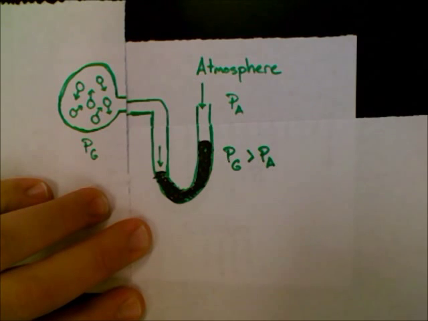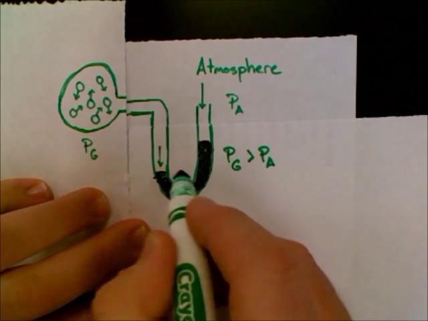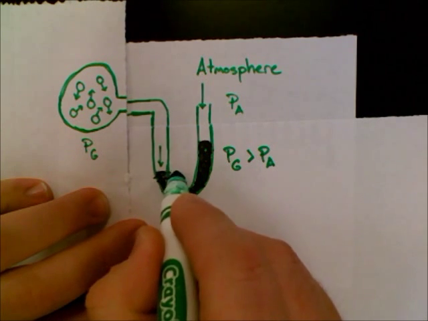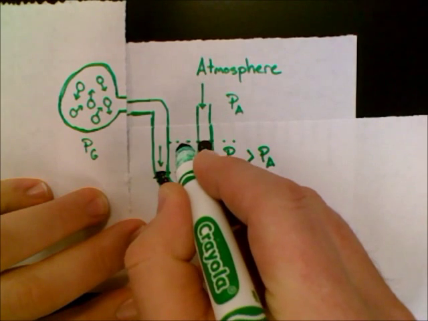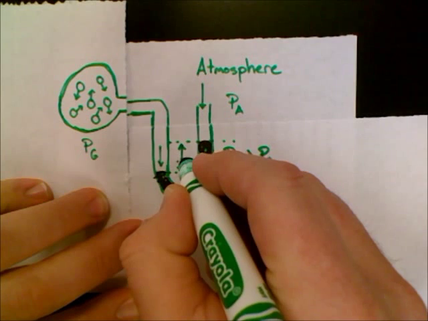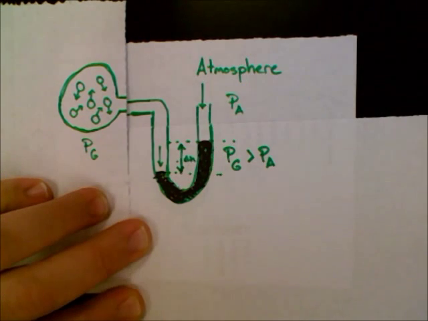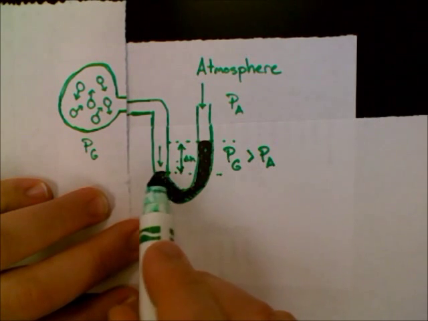So if I wanted to figure out what the pressure of my gas was, I could measure the difference between these two heights. There'd be some difference here. We'll call it delta H. Some difference, delta H, between the level of liquid over here and the level of liquid over here.